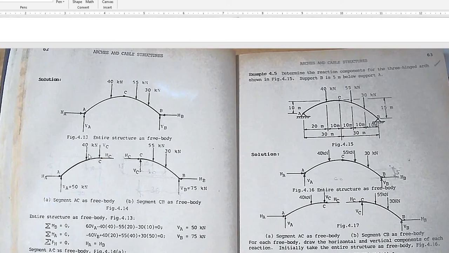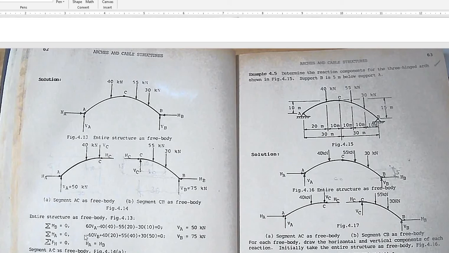Next, summation moment at A equal to 0. So 60 times VB plus 40 times 20 plus 55 times 40 plus 30 times 50 is equal to 0. From here, you can solve V sub B is equal to 75.